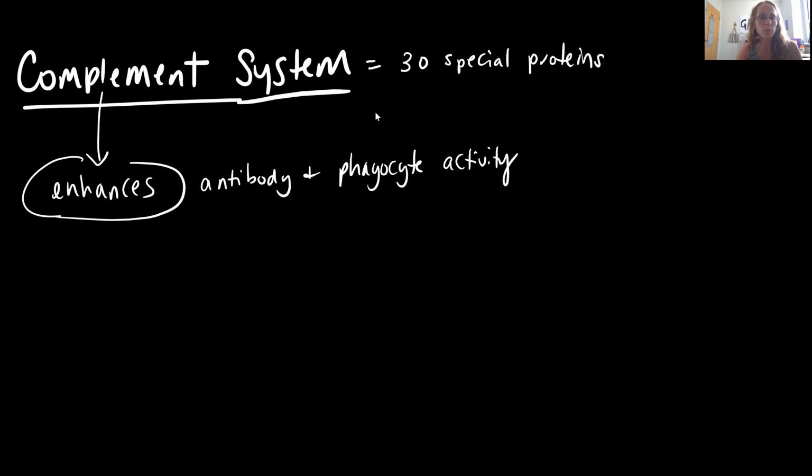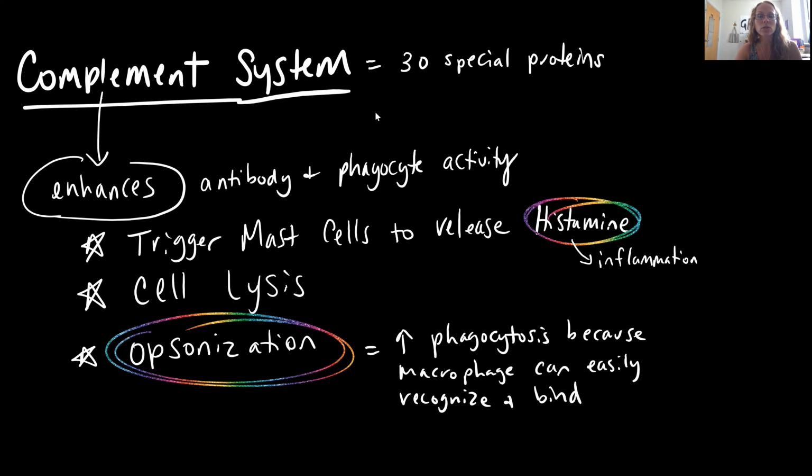We're not going to get super detailed on this, but what we will see is that these proteins are going to be binding to your cells that have antibodies already attached or binding to foreign cells, and they can cause 3 things to happen. So that binding of those special proteins can trigger mast cells to release histamine, which we'll see is involved in inflammation.